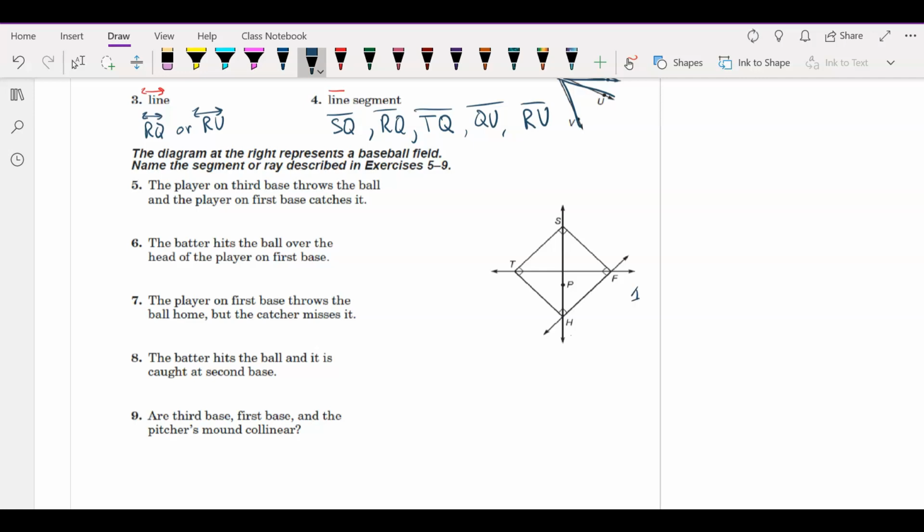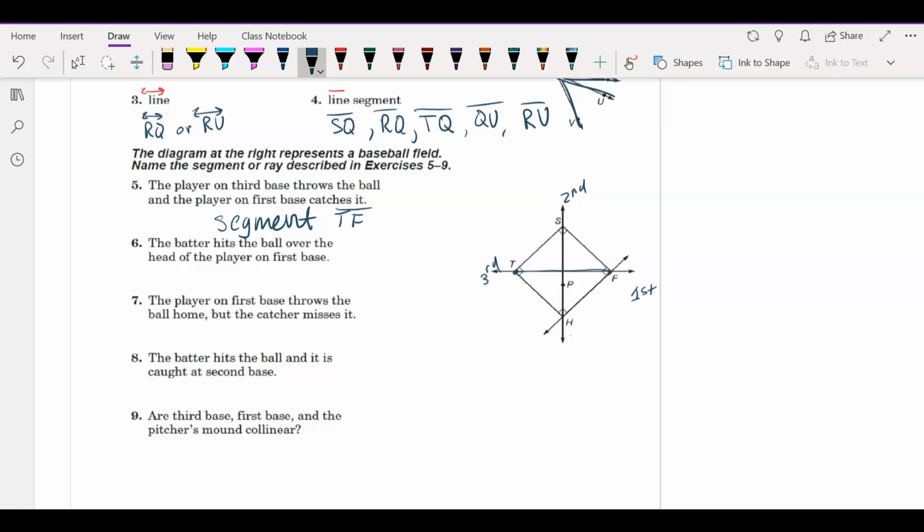So the third player throws it to first base. Assuming that they are directly on the plate, it's going to be a segment, and it will be segment TF.